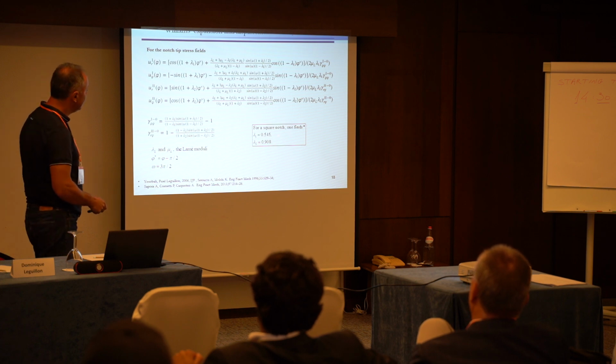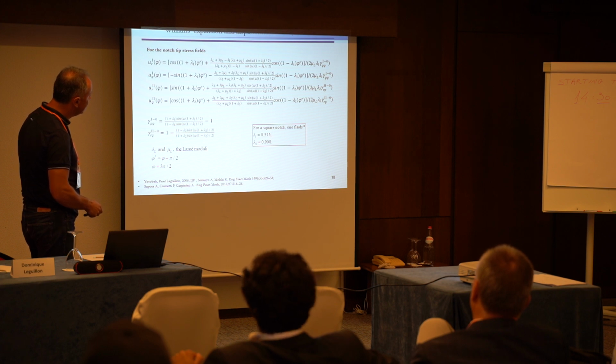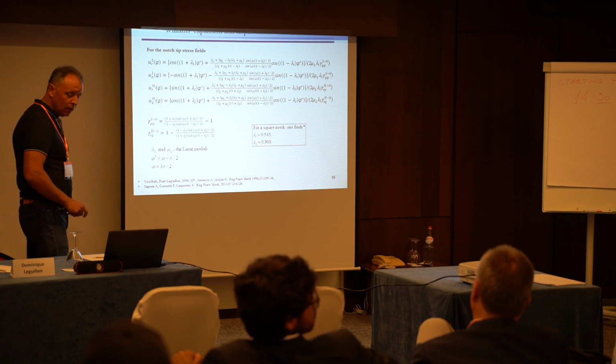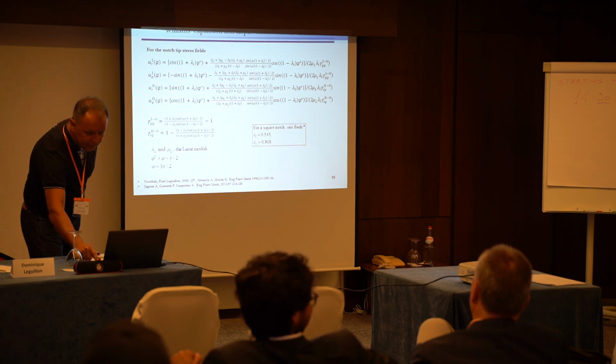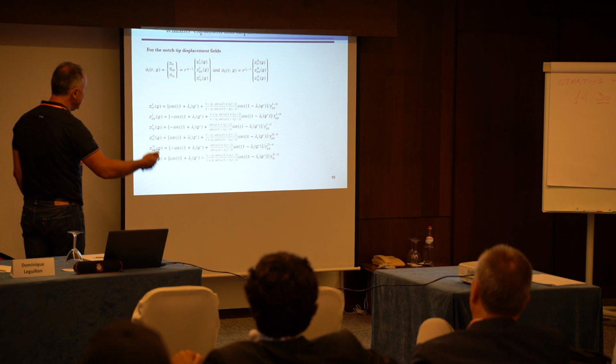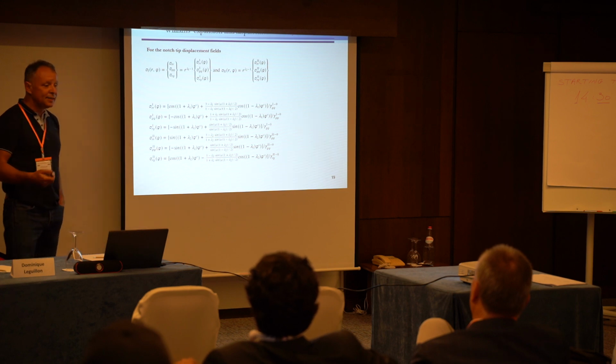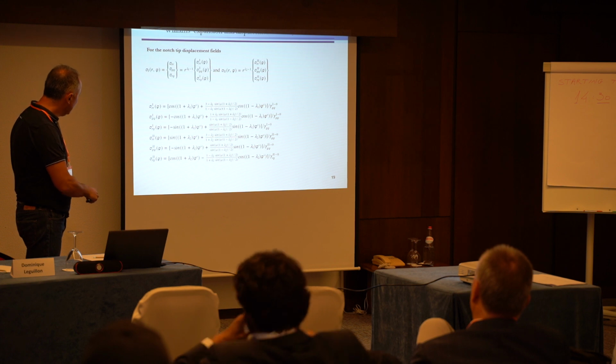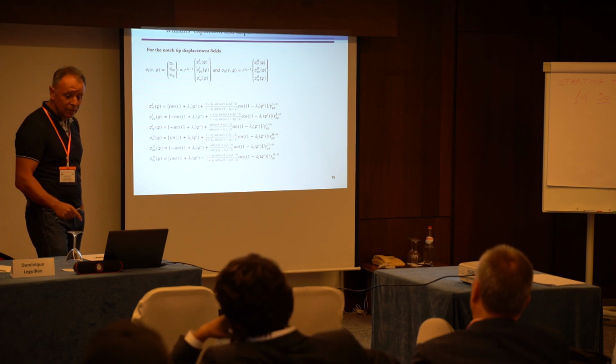We also know that for the 90 degrees notch, lambda 1 is close to 0.5 and lambda 2 close to 1. Knowing the displacement field and assuming that the material is linear, elastic, and isotropic, you can derive the stress field. Again, all the components are known.